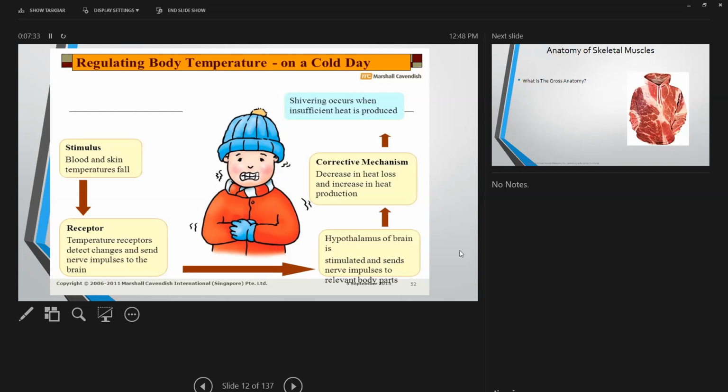In this case, the hypothalamus stimulates the nerves to relevant body parts, causing us to increase heat production and decrease loss. If this is inadequate, then shivering will occur to increase the heat in the muscles and therefore increase core temperature in the body.